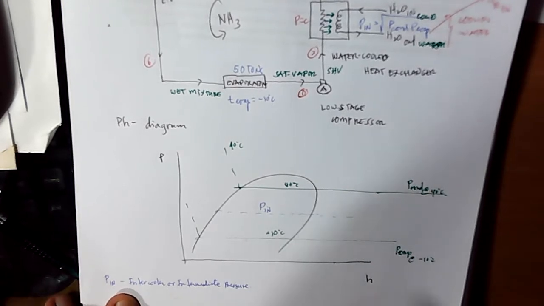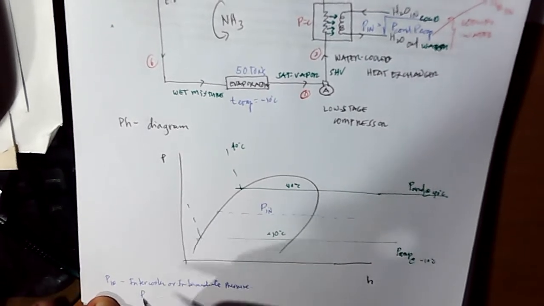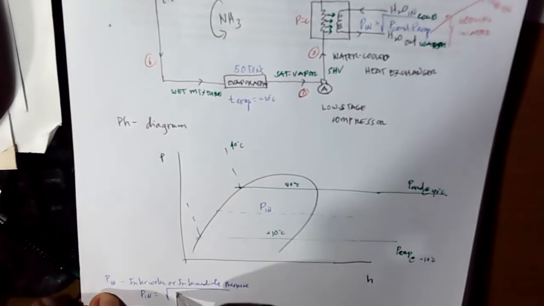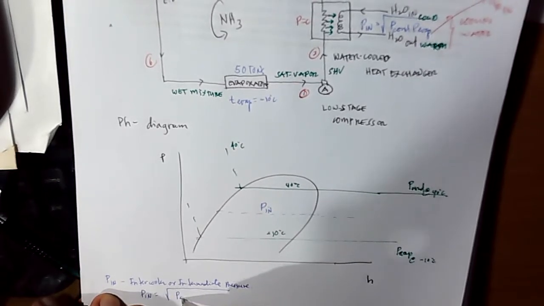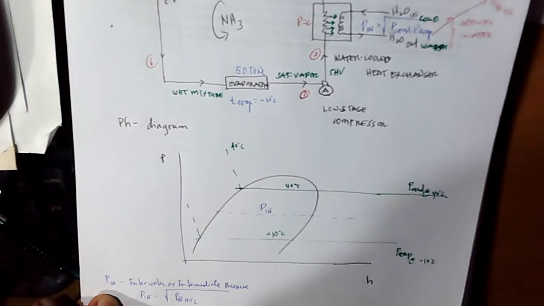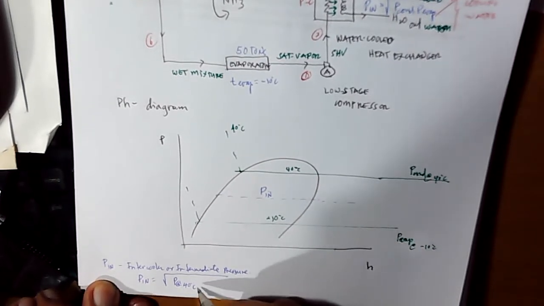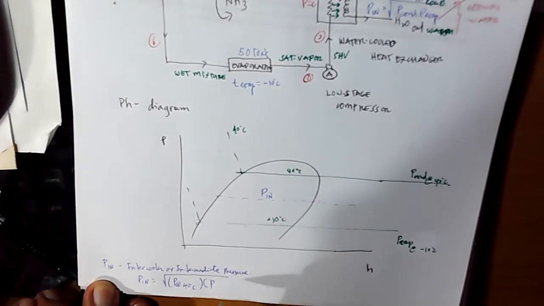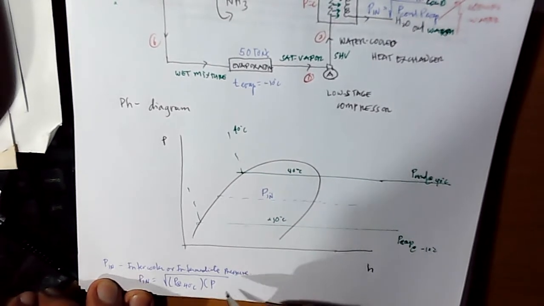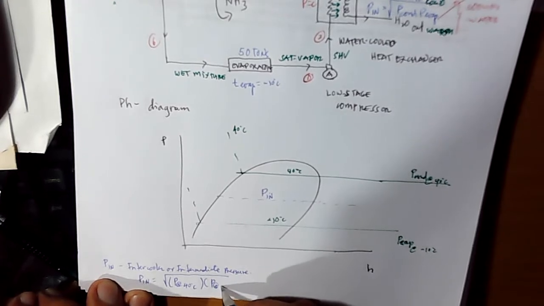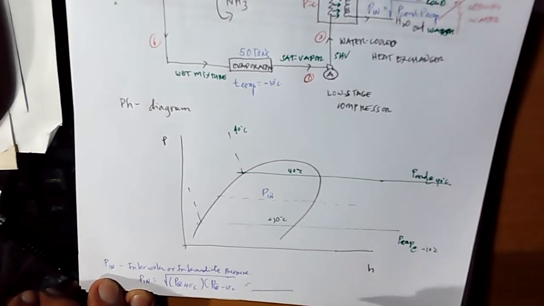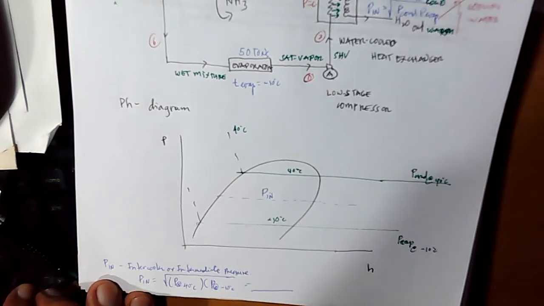In this case, P intercooler is the square root of the pressure corresponding at 40 degrees multiplied by the pressure of your evaporator at negative 10 degrees Celsius. That is your intercooler pressure.